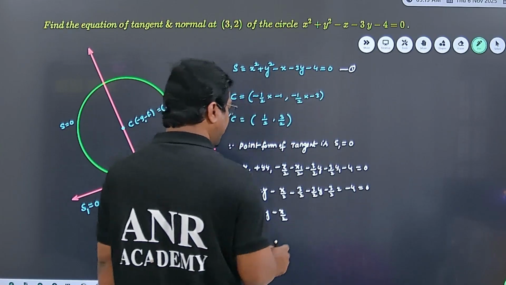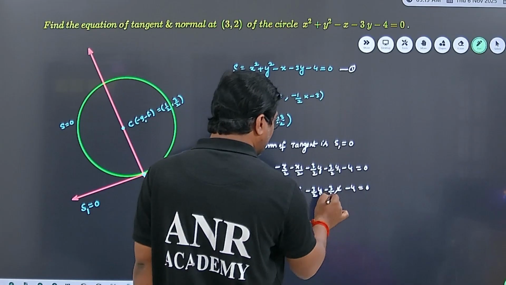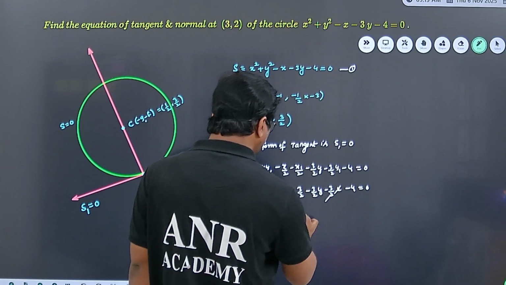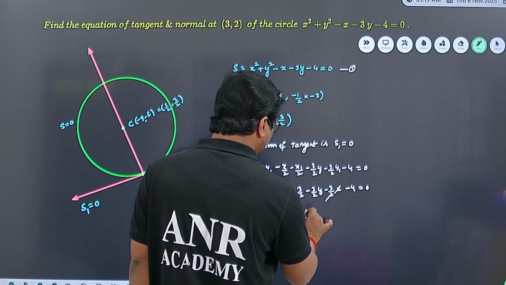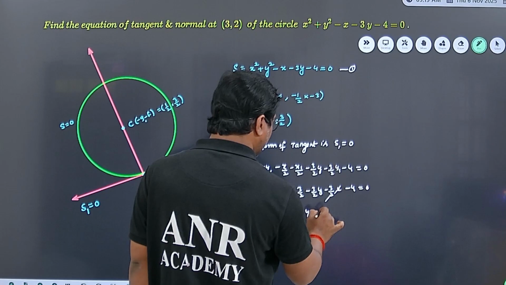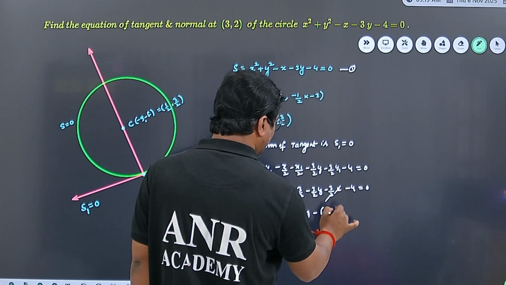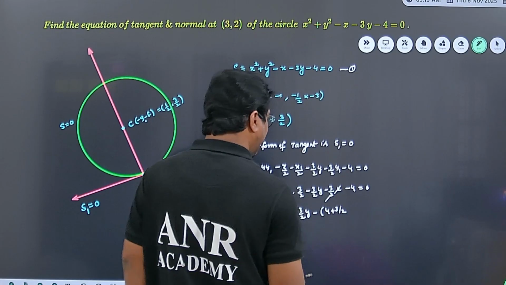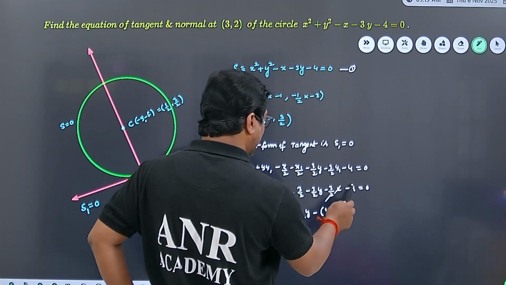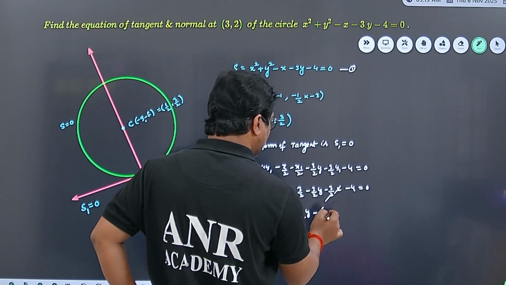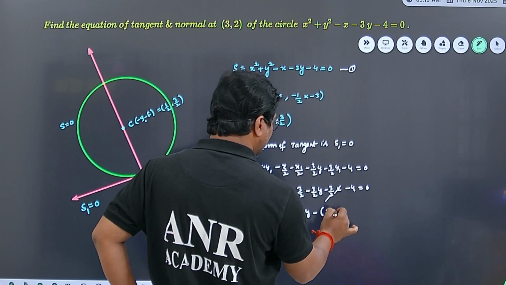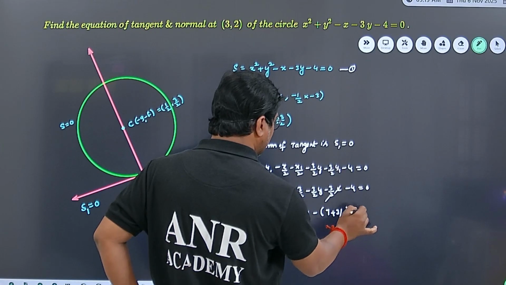Next here 2 gets cancelled, remaining minus 3 by 2 y minus of 4 plus 3 by 2. This is actually minus 4 minus 3, so minus common 7, 7 plus 3 by 2 it is equal to 0.